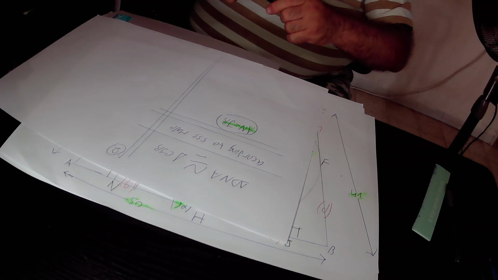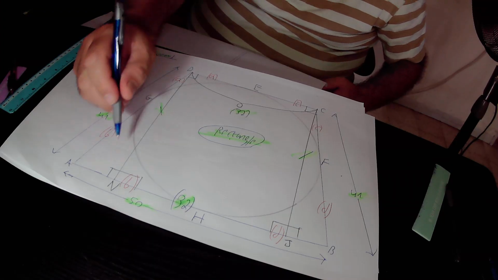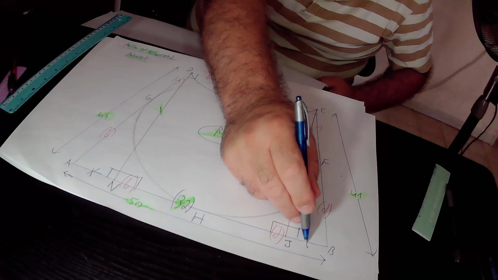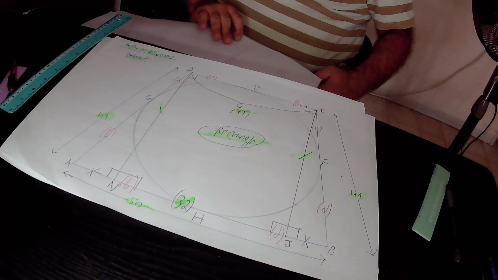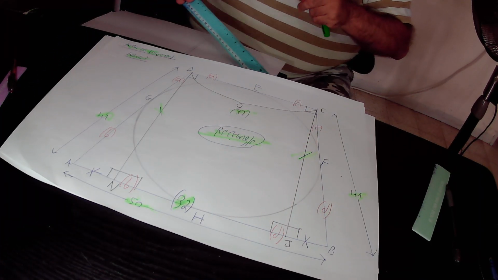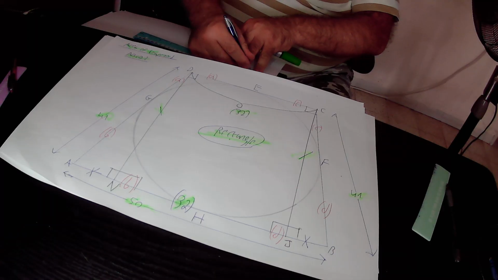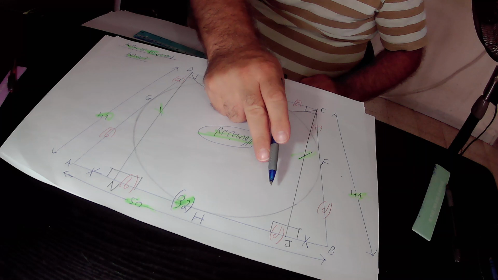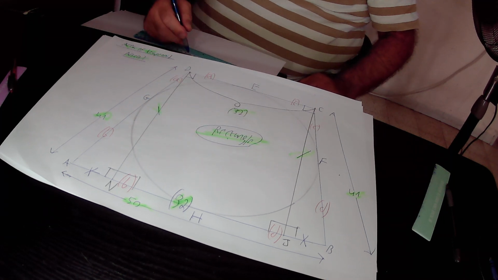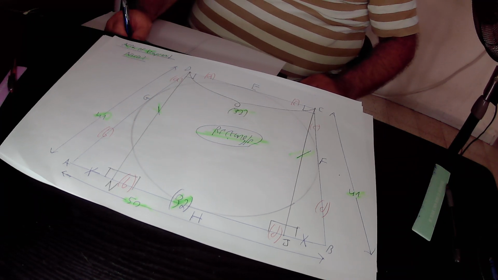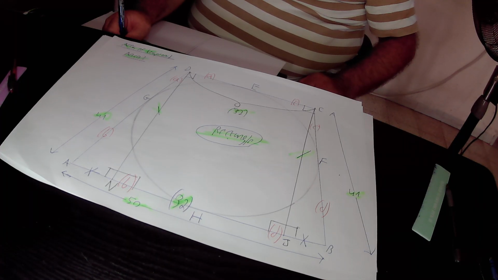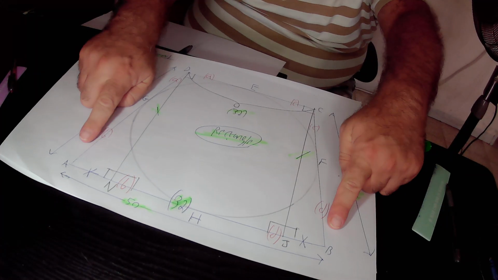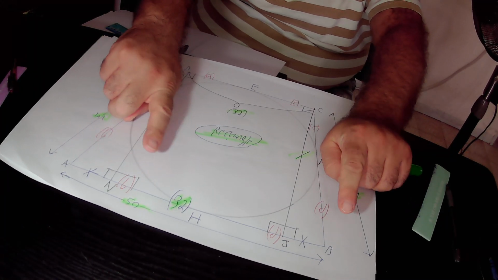If we define the length of side AN as x, then the length of side JB must also be equal to x because they are equal to each other. The length of side AB equals 50 units from one side. But for the other side, AB also equals x plus 32.